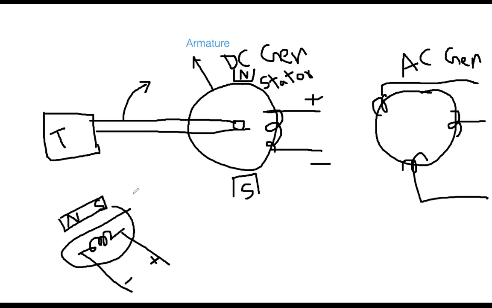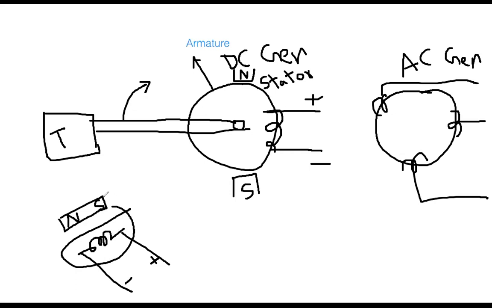Now you can argue that, hey, I will move both. I will move both this one and this one. If you rotate or move both, voltage will build up, provided that there is relative motion between the field and the coil.